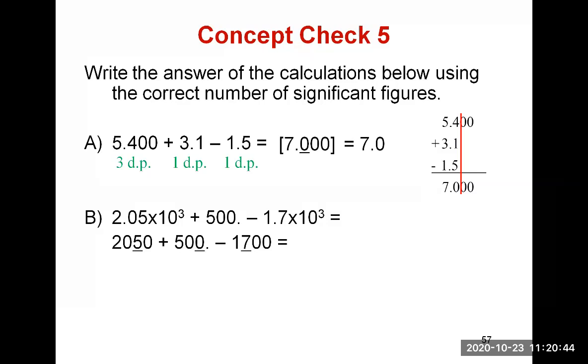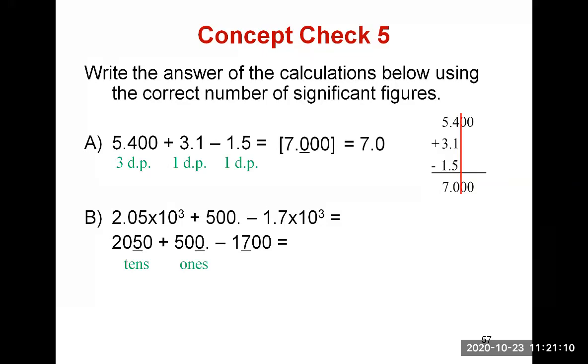So here let's determine the least precise digit place. In 2050, it's in the tens place. The 5 is the last precise digit. In 500, with the decimal point shown, it's in the ones place. The last 0 here is the last precise or significant digit.